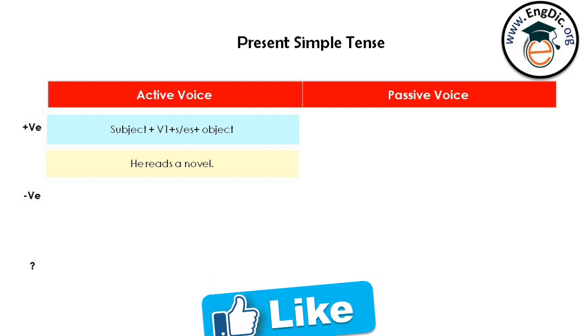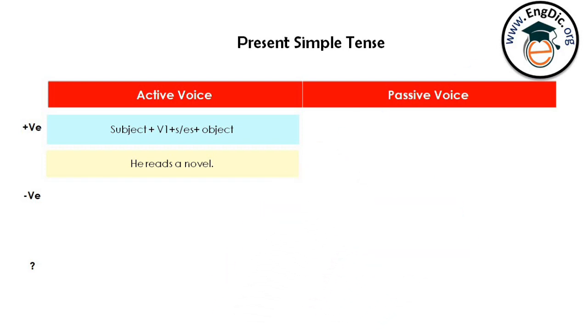The helping verb in the positive sentence of active voice in the present simple tense is s or es. As we all know, in present simple tense, we use the first form of verb and helping verbs s and es. So, as you can see in the example, he reads a novel.